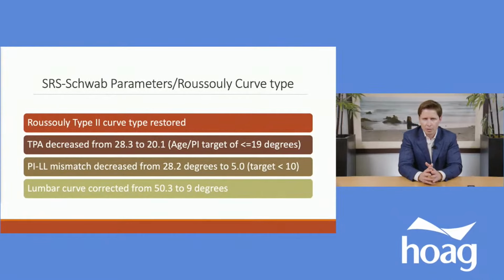And this shows the changes and the restoration of the appropriate alignment after the surgery. We were able to reduce the lumbar curve from 50.3 to 9 degrees.